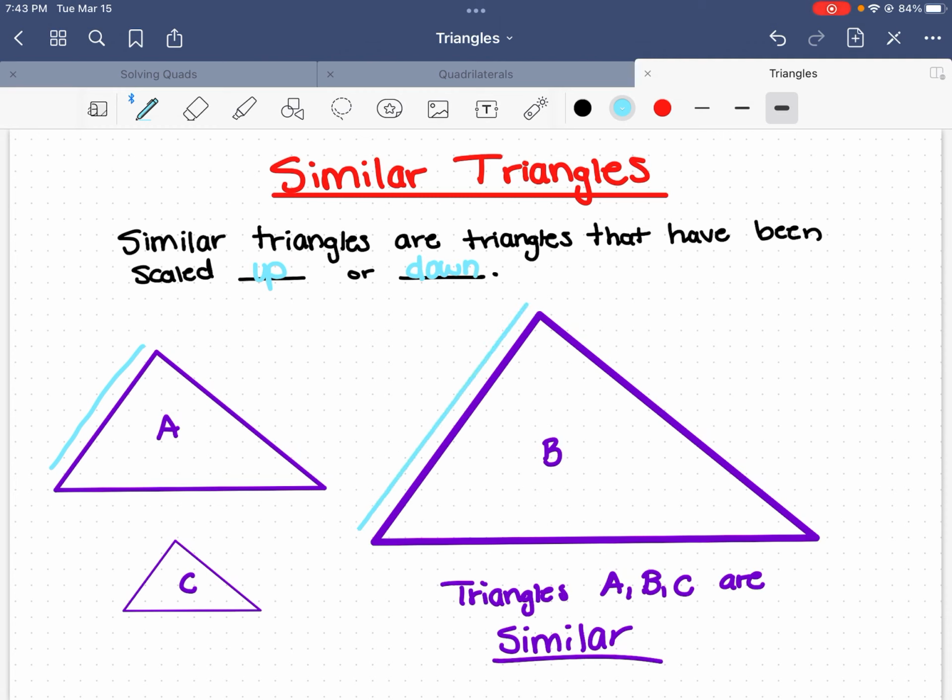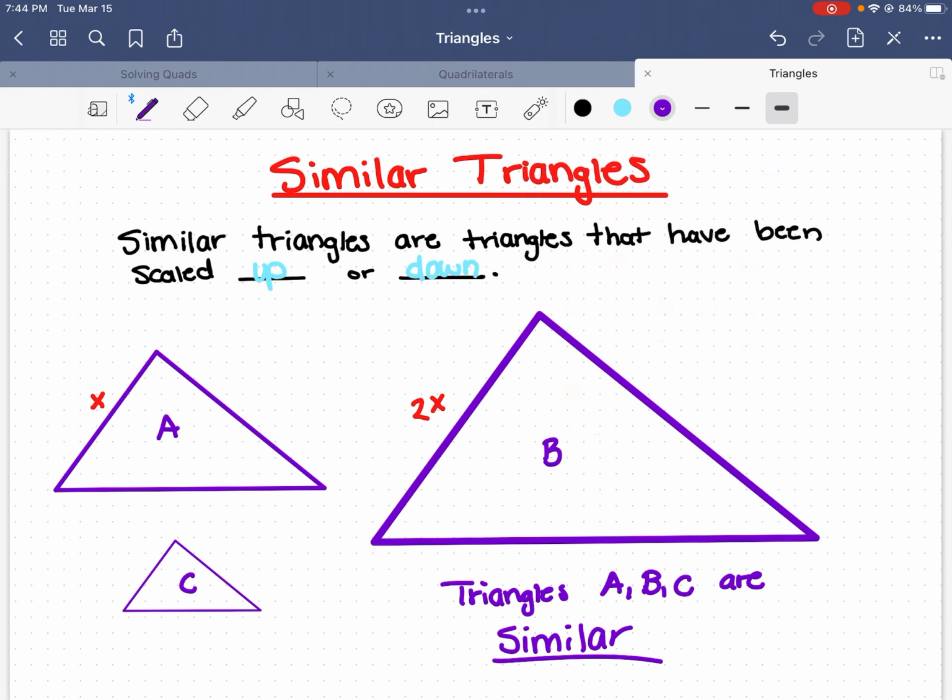Obviously, triangle B has a much larger side. But what is going to be congruent is their scale factor. For example, if this is X, and I doubled triangle A and it is now triangle B, then this side has to be double the side of X.